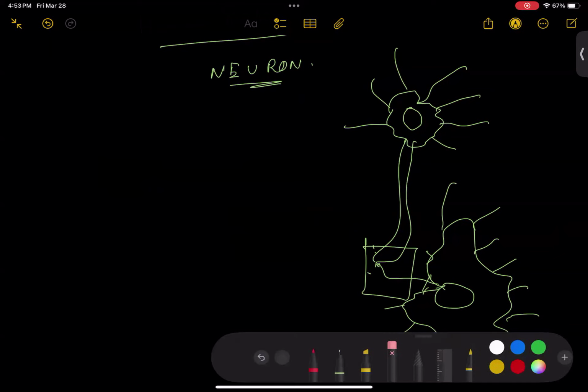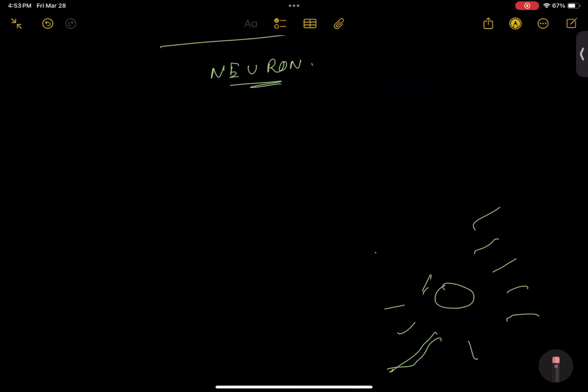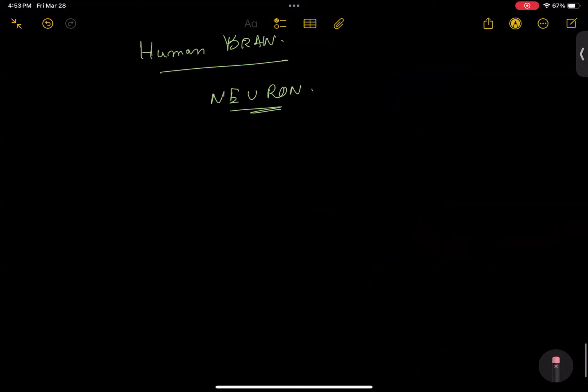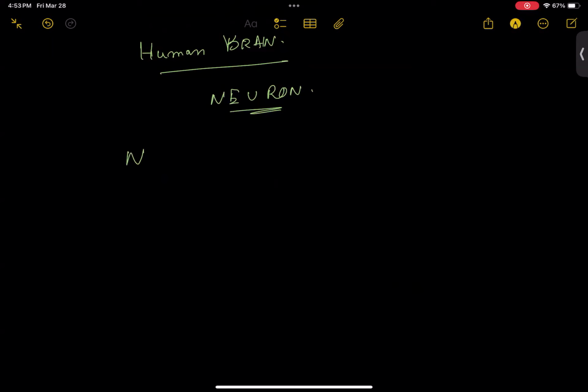This neural architecture of the human brain inspired a class of algorithms in artificial intelligence called neural networks.